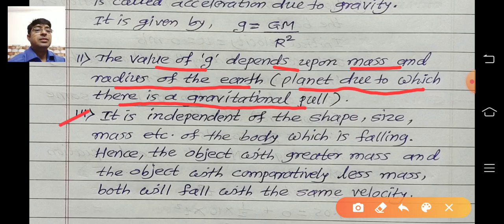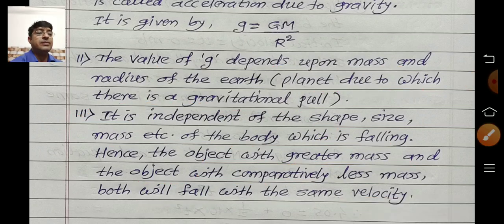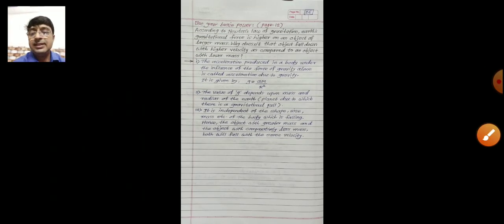Third point: it is independent of the shape, size, mass, etc. of the body which is falling. Hence, the object with a greater mass and the object with a comparatively less mass both will fall with the same velocity. This is the answer of that given question on page number 12.